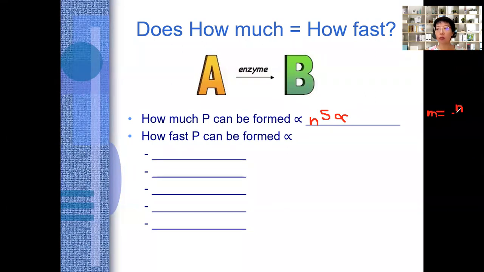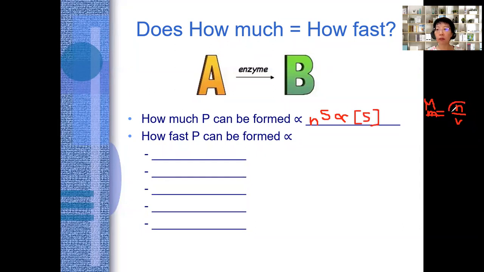Sorry, actually this is not correct, not mass, concentration. How to use concentration? Capital M, okay? So it depends on the number of moles of substrate. That means it depends on the concentration, right? Based on the equation.